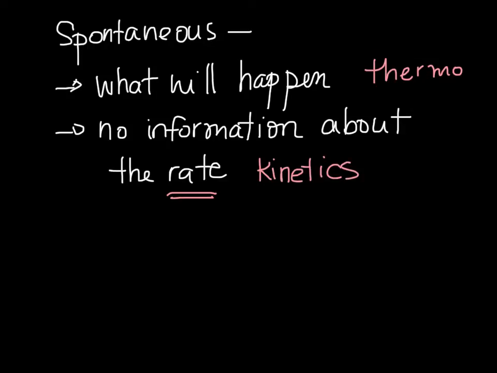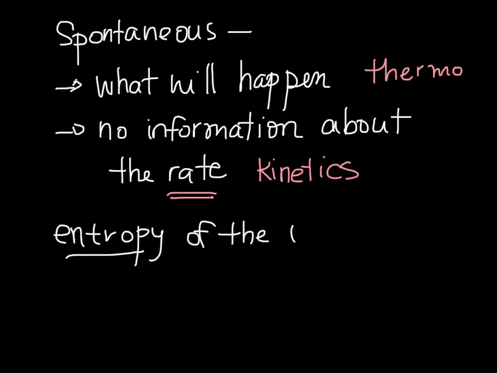In these processes that we call spontaneous, we can say that the entropy of the universe is always increasing. So this sort of brings up the question, what is entropy?